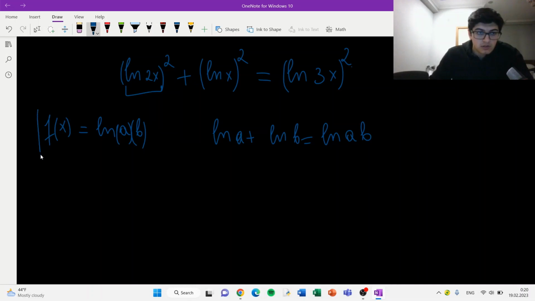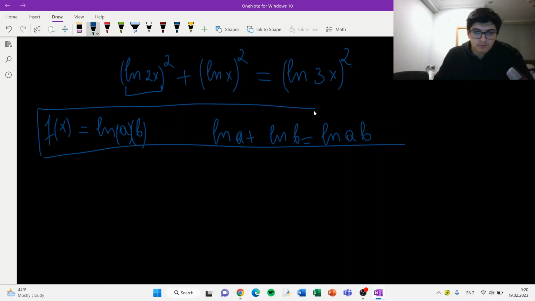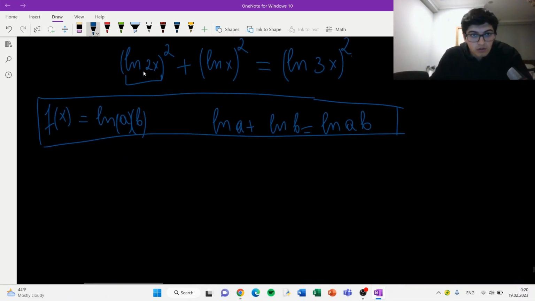We will use this property to solve our problem, and we can divide the value for our function into two parts, 2 and x. 2 will be a in this case and x will be b, and we will simplify it. ln 2 plus ln x, again squared, plus here it's just ln x because no need to divide it.